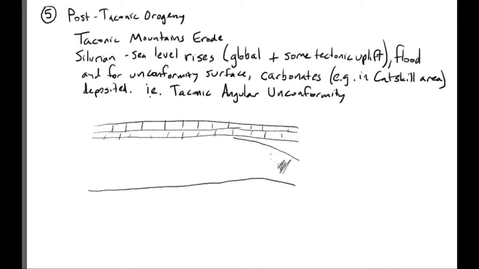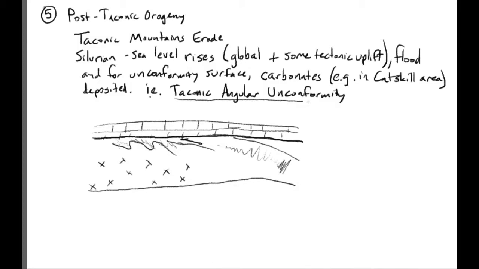This high-grade folded clastic rocks, folds, thrust faults in the Austin Glen and other rocks that were exposed to the surface. So this boundary here is the tectonic unconformity.